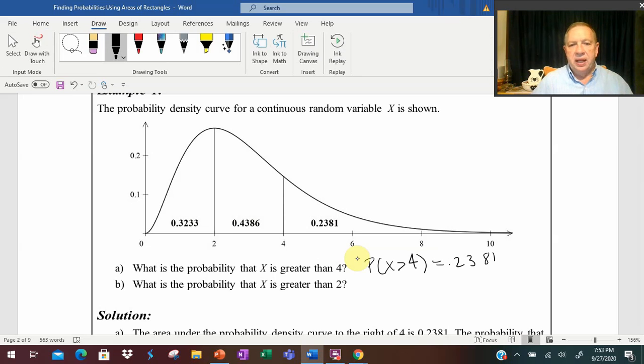What is the probability that X is greater than 2? Here are two different pieces of it. I've got this little piece between 2 and 4, and then the piece above 4.